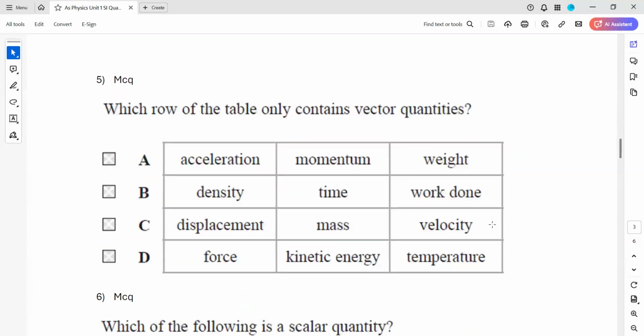Which row of the table only contains vector quantities? Acceleration is a vector, momentum is a vector, weight is also a vector. So A should be the right answer.